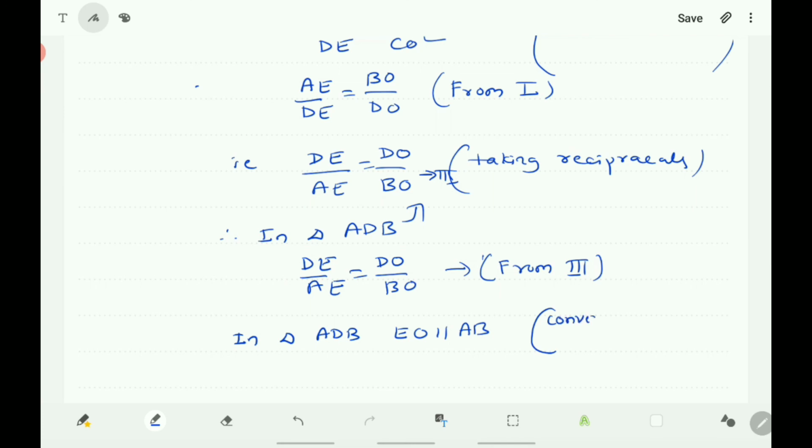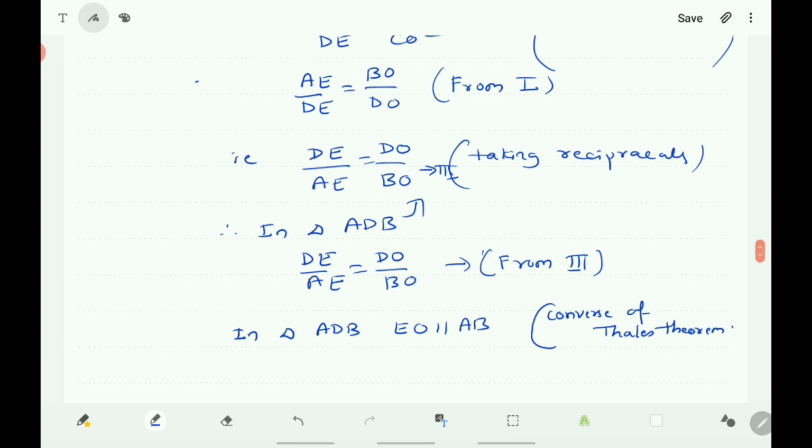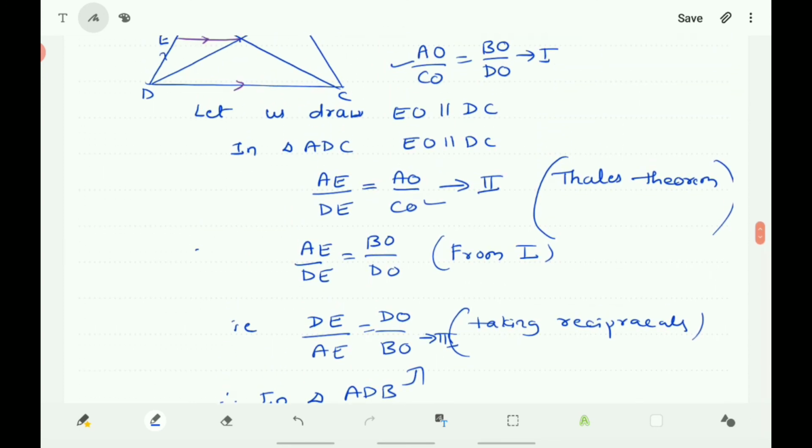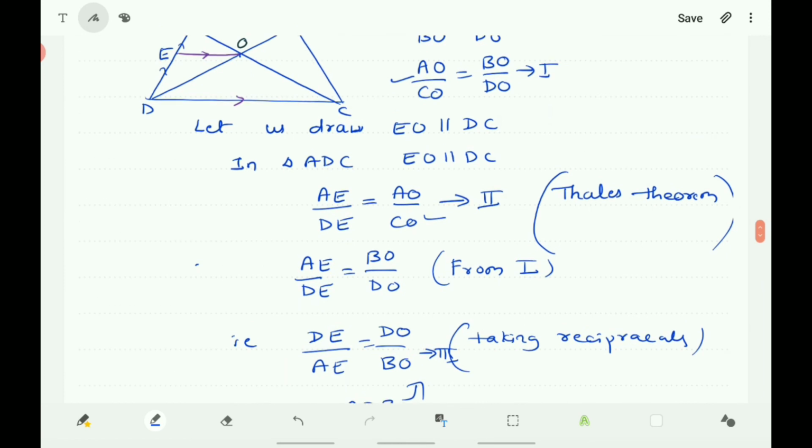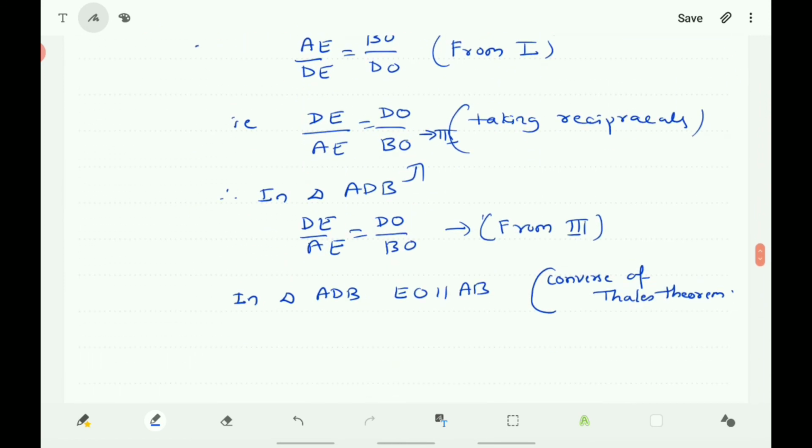The reason is the converse of Thales theorem. So here the line EO is parallel to DC and also it is parallel to AB. We have taken that it is parallel to DC by construction.